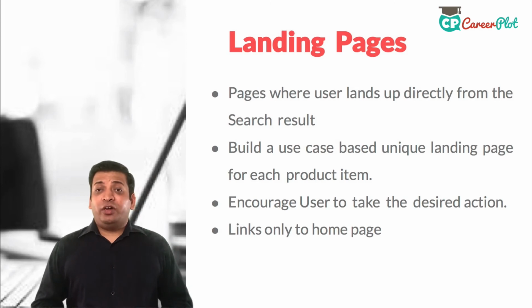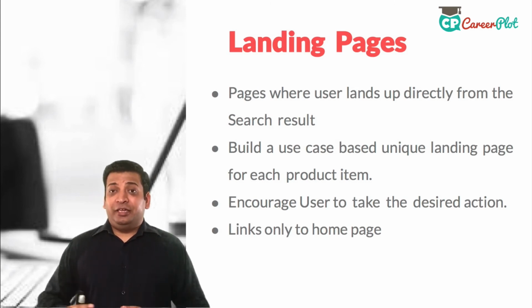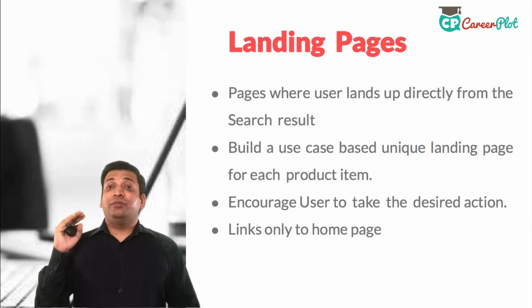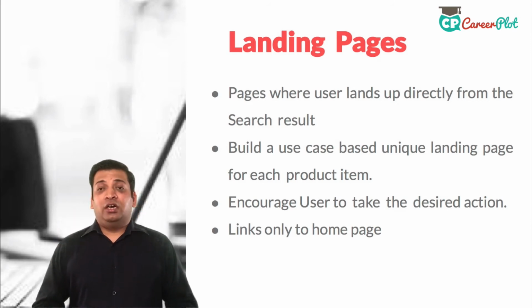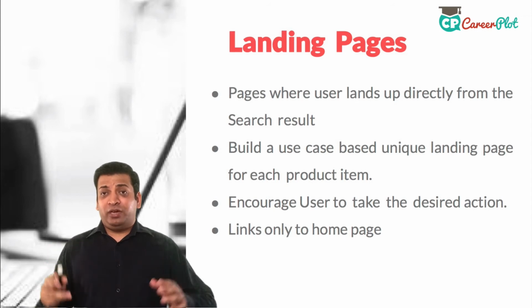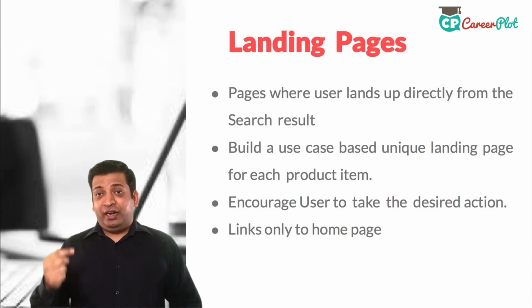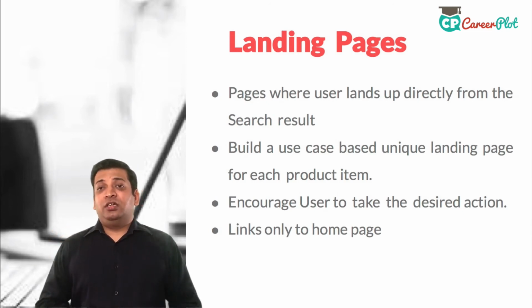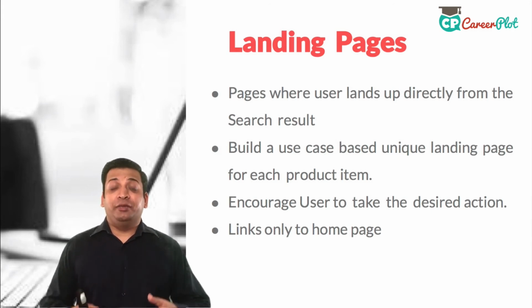One of the most important points in content is landing pages. Landing pages are classified as where the user lands directly after searching. So let's say if you search for digital marketing and you got one link in the Google search result and you clicked on that page, whatever link you click on, a page will open up, and that page is classified as your landing page.